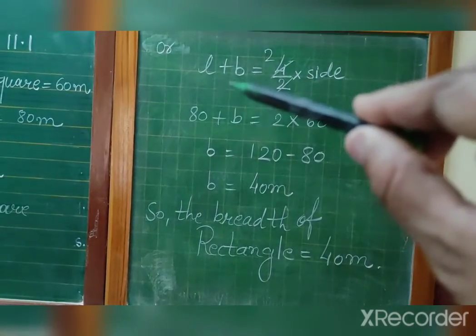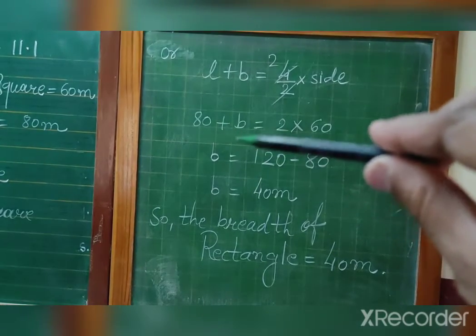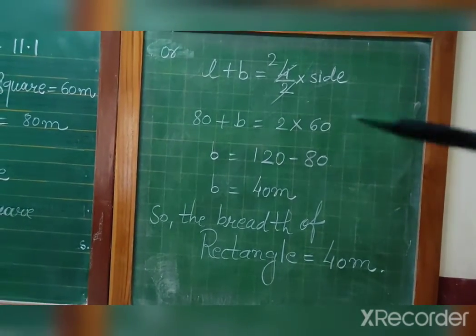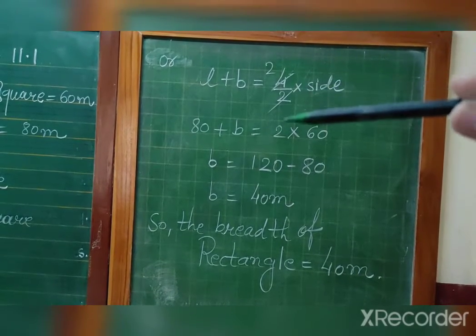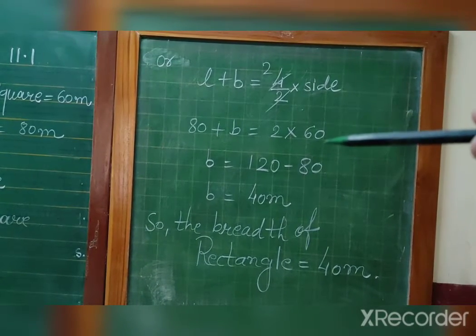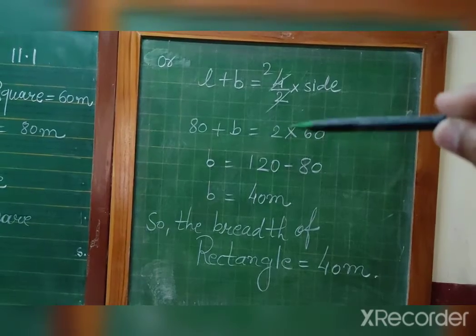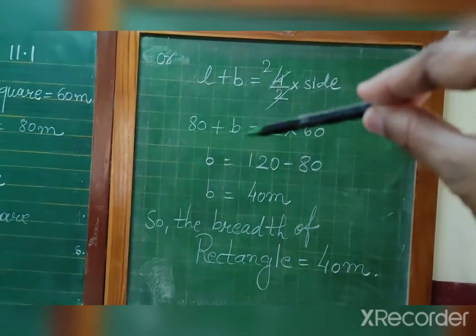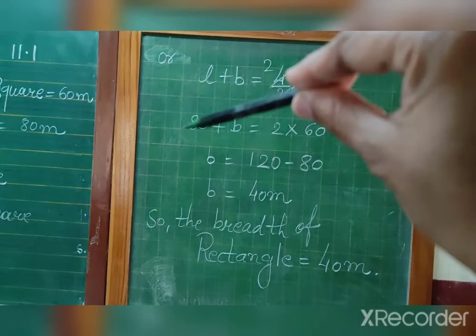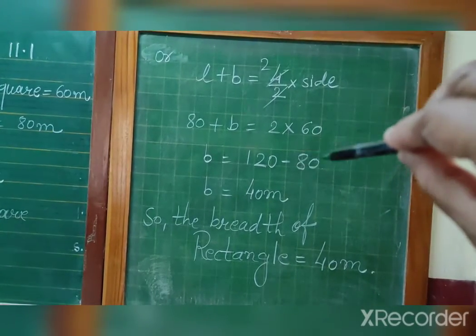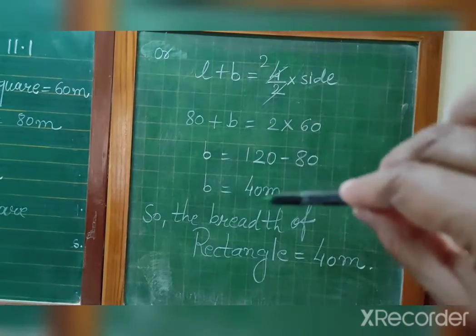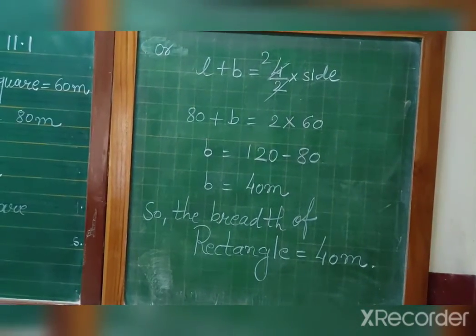So L in the rectangle, 80 is given, plus B equal to 2 into side of a square 60. 2 sixes are 120. Between plus sign, so before it minus sign here, opposite of equal. So 120 minus 80 is 40 meter. So the breadth of rectangle you got is 40 meter.